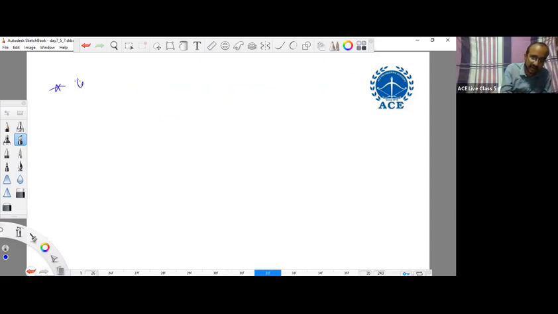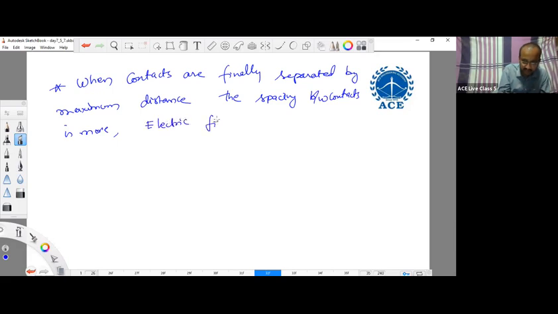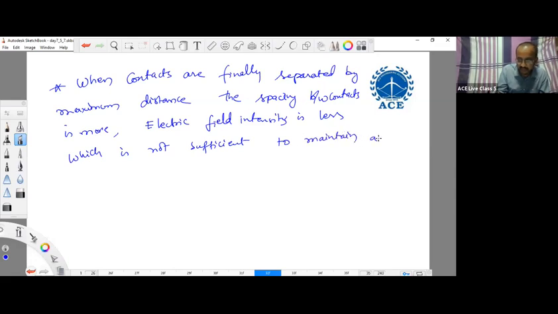So what we can say: when the contacts are finally separated by maximum distance, the spacing between the contacts is more, the electric field intensity is less, which is not sufficient to maintain the arc.